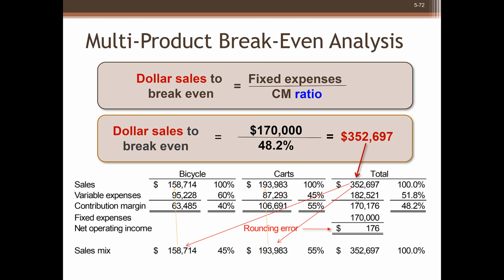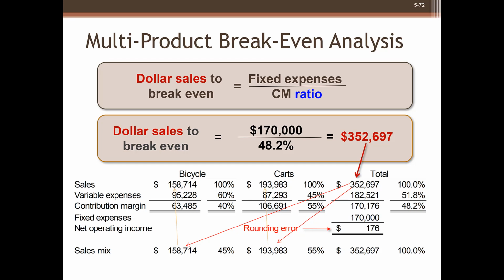For this number, you can either add up variable expenses from bicycles and cards, or you can just use the variable expense ratio for the total to calculate $182,501. The difference is contribution margin, and this is $170,176. Fixed expenses are $170,000. Well, theoretically, net operating income should be 0 because this is the break-even point.